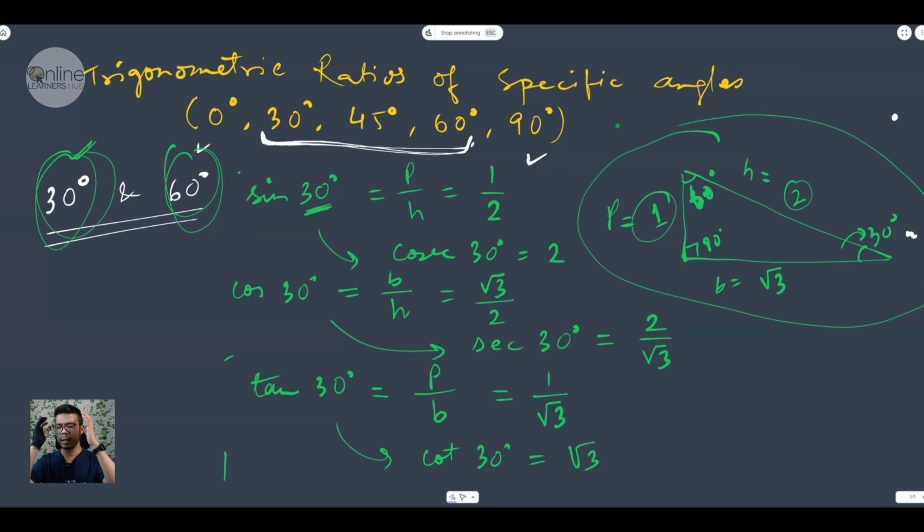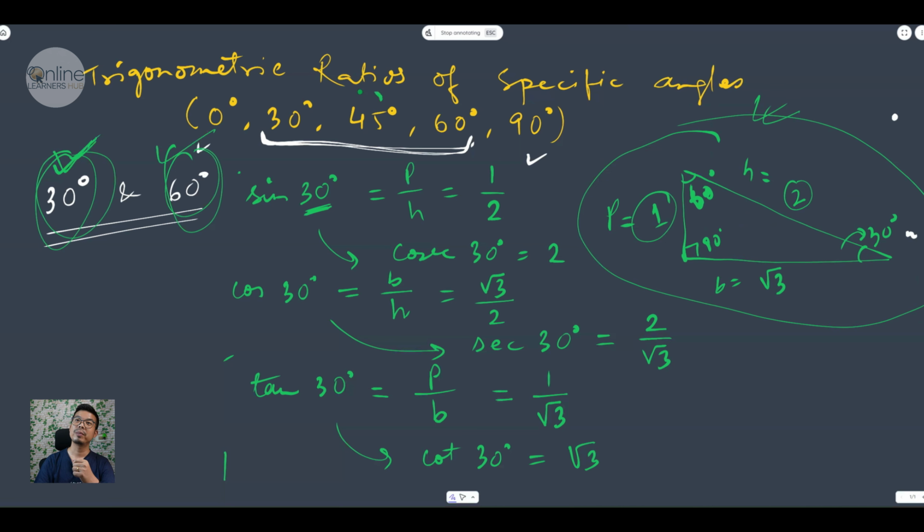All you need to do here is learn to draw that triangle with the appropriate values. The longer side will always remain root 3, the shorter side will always remain 1, and the hypotenuse will always remain 2. This figure is reserved for 30 degree and 60 degree. I hope that makes sense. Great, perfect. Now we are very much expert with 30 degree and 60 degree. If any question comes with 30 degree and 60 degree, I hope you will be able to do it.